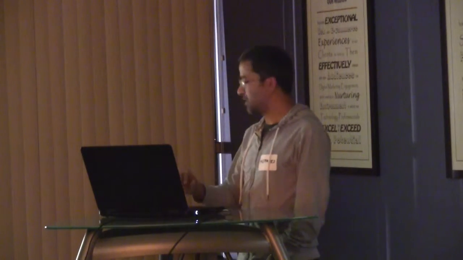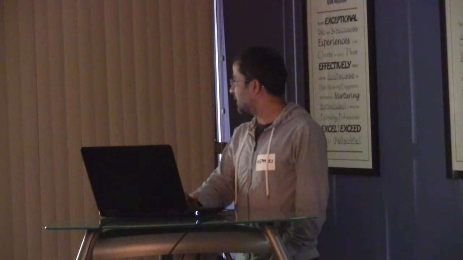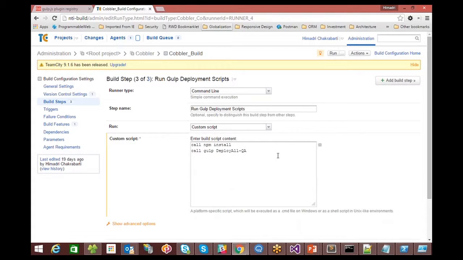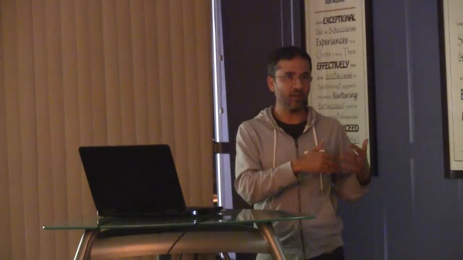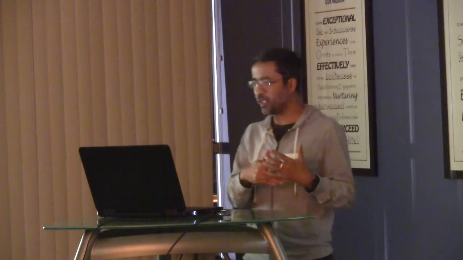One is you have to make sure that you have the latest NPM installed; the first command gets the latest plugins and everything. Then you run your gulp script. I have to create two separate sets of scripts, one for QA and one for the local environment, because the paths and everything are different.